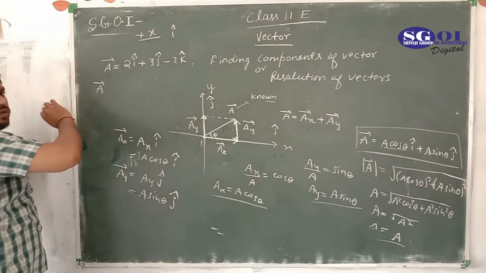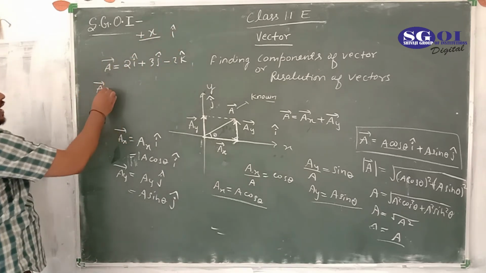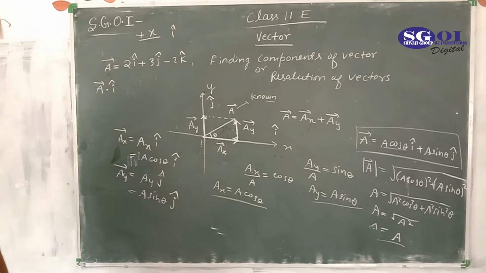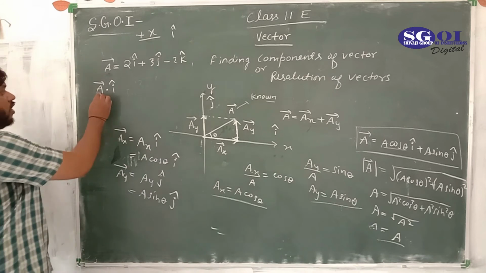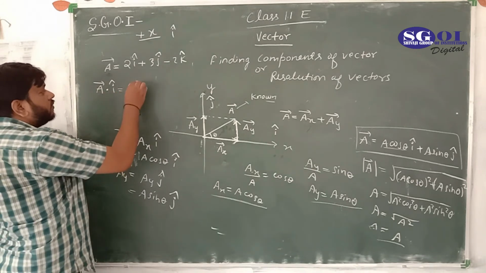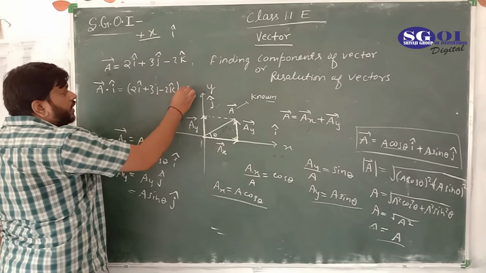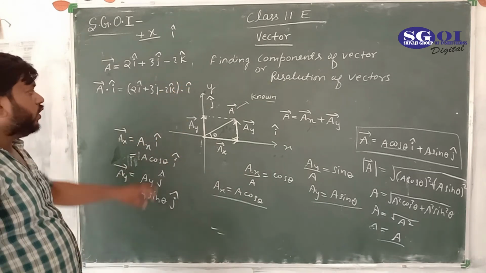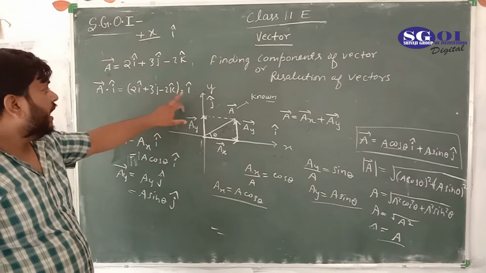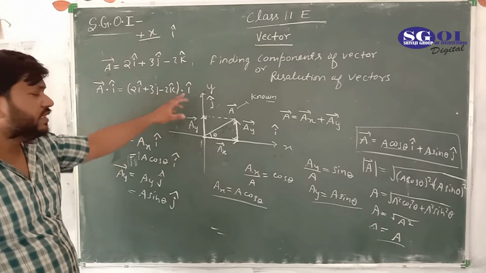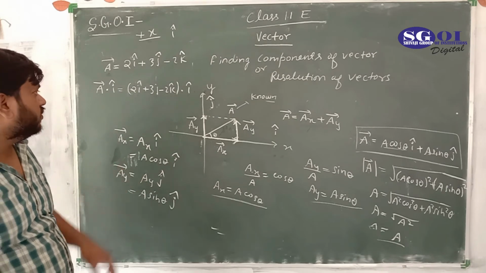Just multiply, it is a dot, because the unit vector is also a vector, this is also a vector, and vectors are either dot multiplied or cross multiplied. So take the dot: (2i plus 3j minus 2k) dot i. And I have already told you i dot i is 1 and i dot k is 0, because the angle between them is 90 degrees and cos 90 is 0.